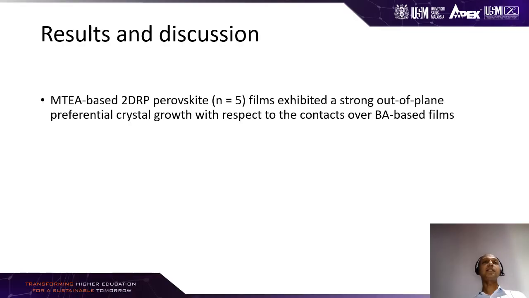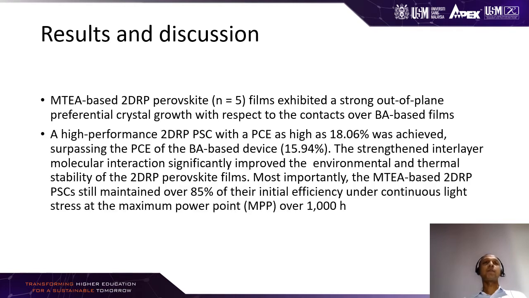For the results and discussion, the MTEA-based 2DRP with 5 layers, N5, films exhibited a strong out-of-plane preferential crystal growth with respect to the BA-based films. Now, a high-performance 2DRP PVSC with PCE as high as 18.06% was achieved, surpassing the PCE of the BA-based device of 15.94%.